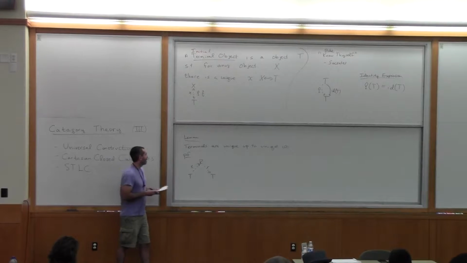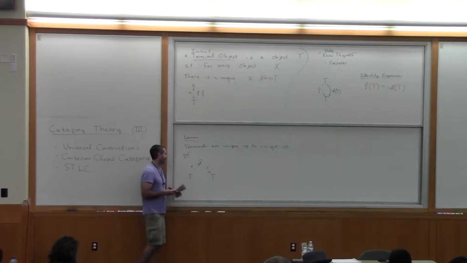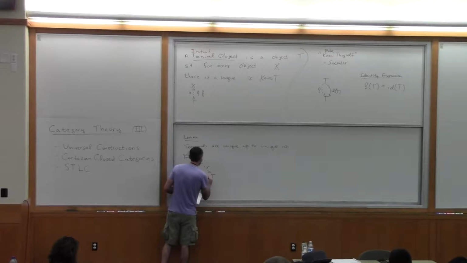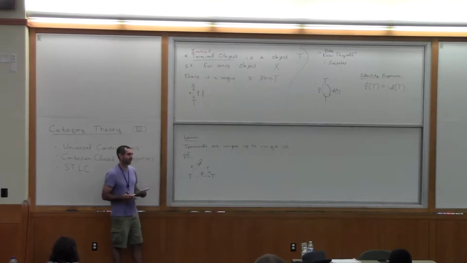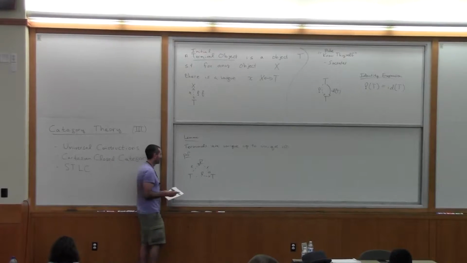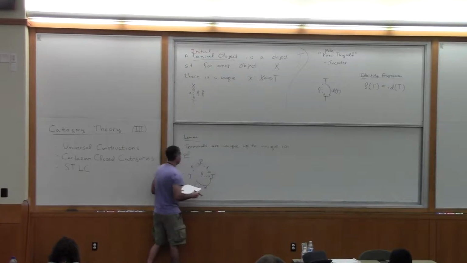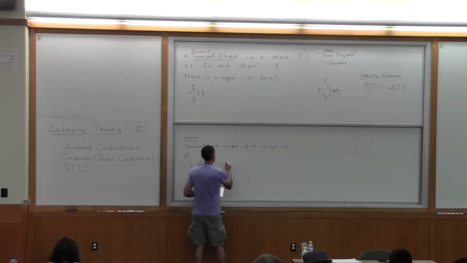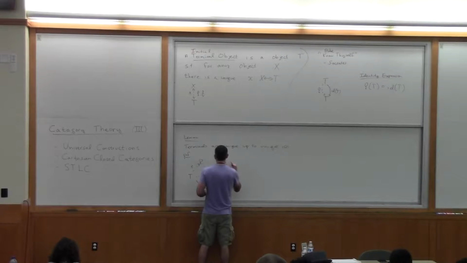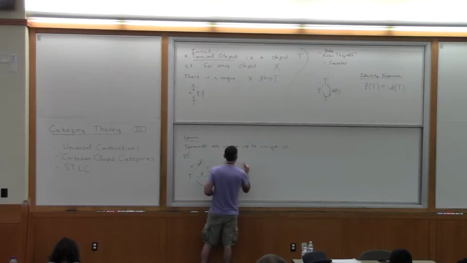But now if I compose these maps, then I get a map from T to T. And that has to be the bang map on T, because that's the only map in that Hom. But what did we just learn by identity expansion? That this is the identity, right? So we just learned that T followed by R is the identity on the object T.